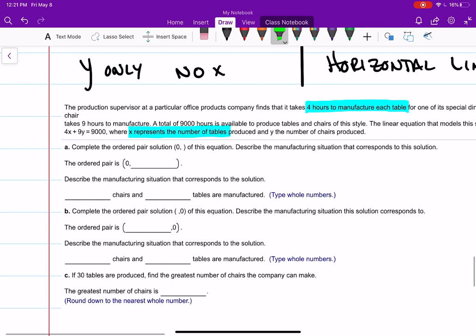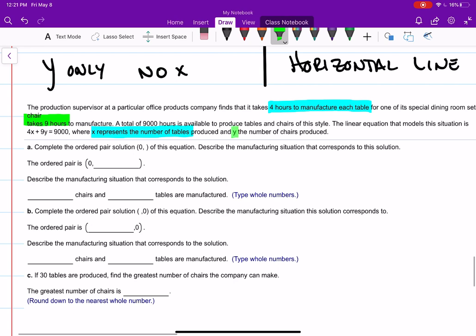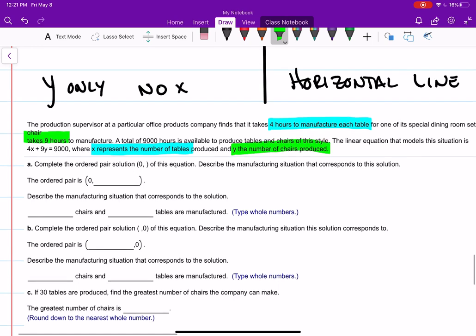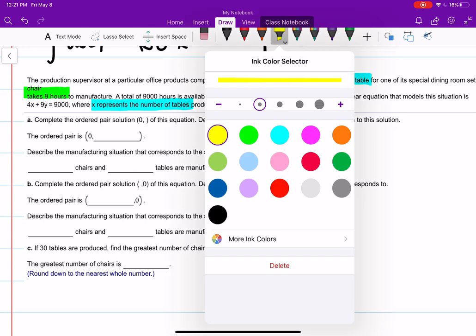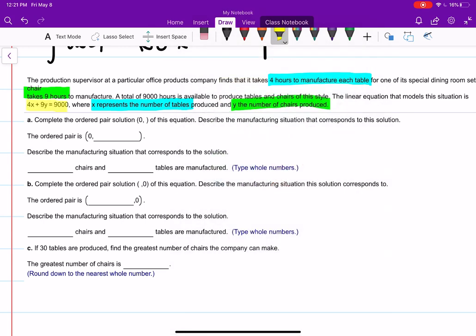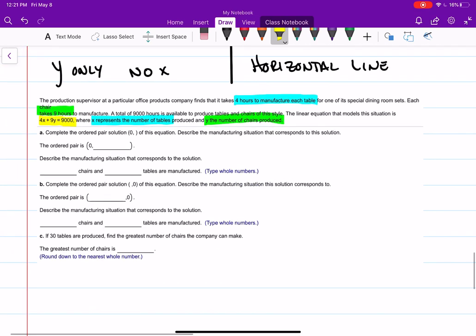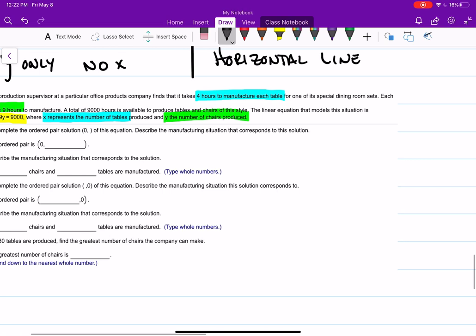So a chair takes 9 hours, and y is the number of chairs produced. So I have this equation right here to look at. This is where we start. So again, I'm going to write down here that x is equal to the number of tables, and y is the number of chairs.